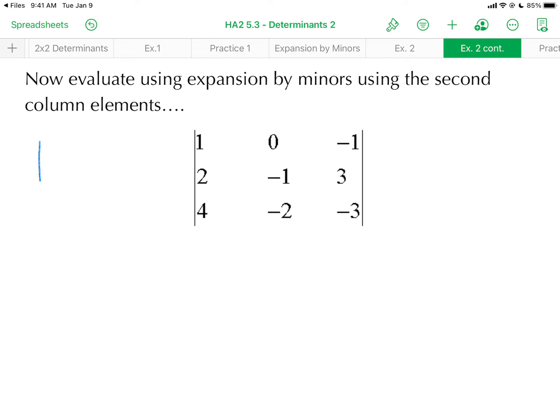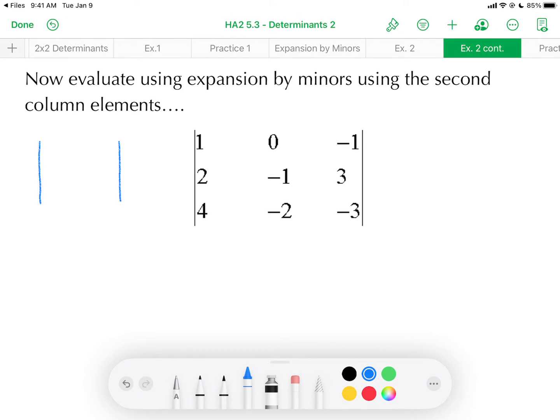So think of it like this. When we used the first row elements, we took the positive of that first element, then we did the negative of the second element, and then the positive of the third element, right? If I skip to the second row, it's going to be the opposite. It's going to be minus, plus, minus.